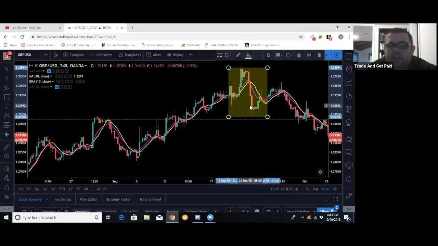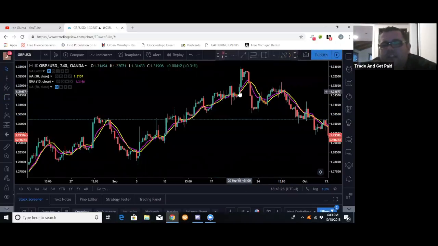Okay, guys, you start to see that the exponential starts to climb and the simple just stays the course, because remember, the exponential is showing you the most recent information. The simple is showing you the simple overall information. So the simple just stays the course, whereas the exponential starts saying, wait a minute, I'm noticing a difference here.